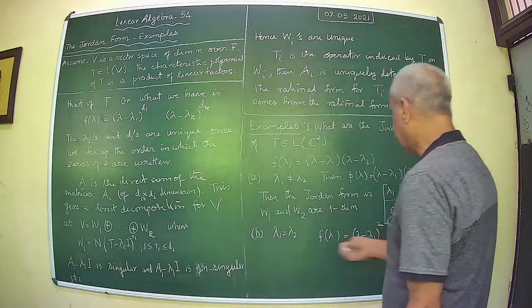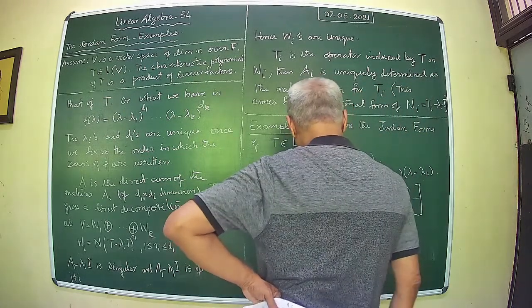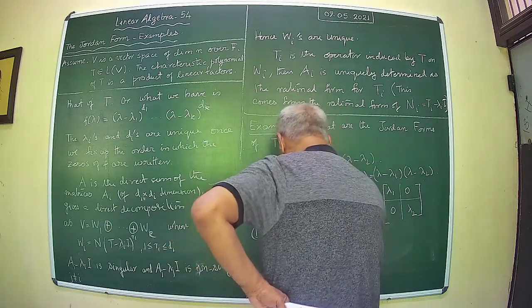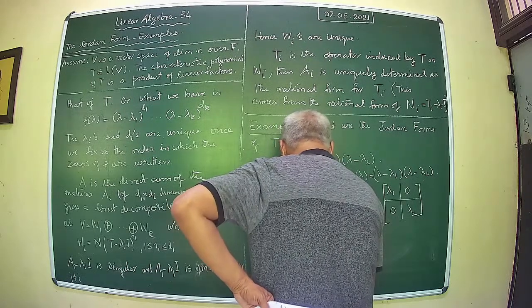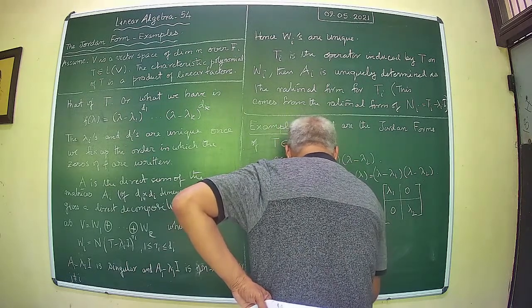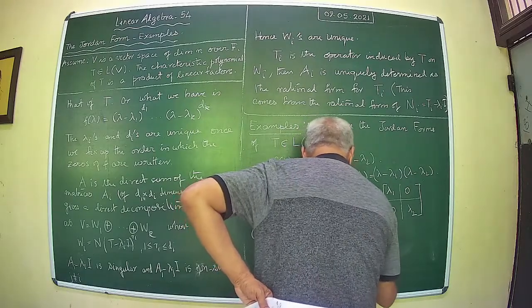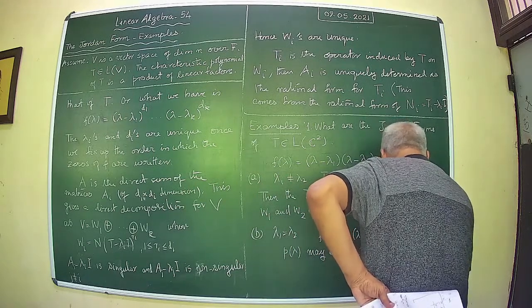So in that case, there are two possibilities for p lambda. So p lambda may be lambda minus lambda 1 or its square.